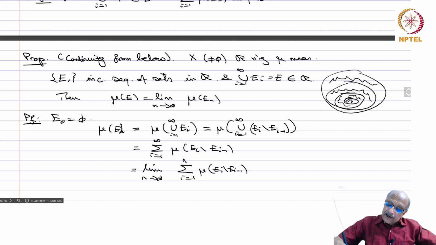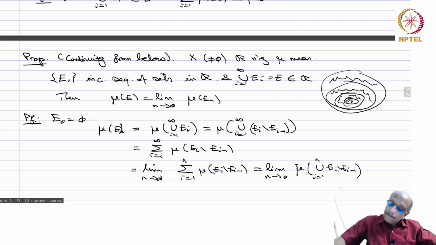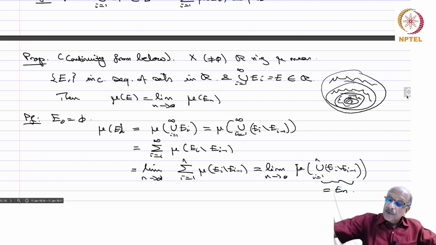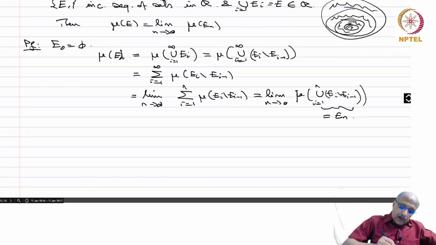But by finite additivity, this is equal to limit as n tends to infinity mu of union i equals 1 to n of E_i minus E_(i-1). But this is nothing but E_n, and therefore the theorem is proved. Okay. So the next proposition is just the same as the previous proposition in a slightly disguised fashion. So proposition 5. So this is continuity from above.